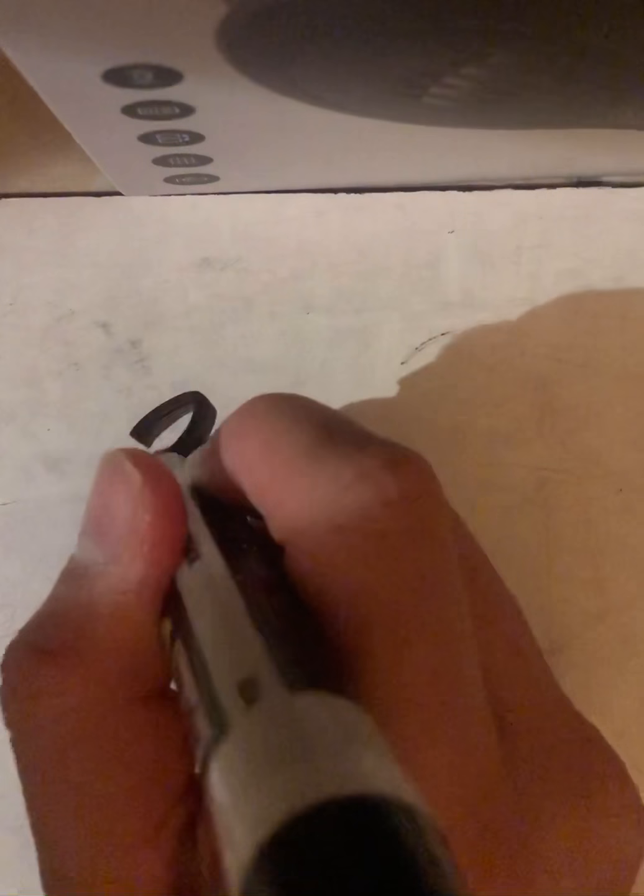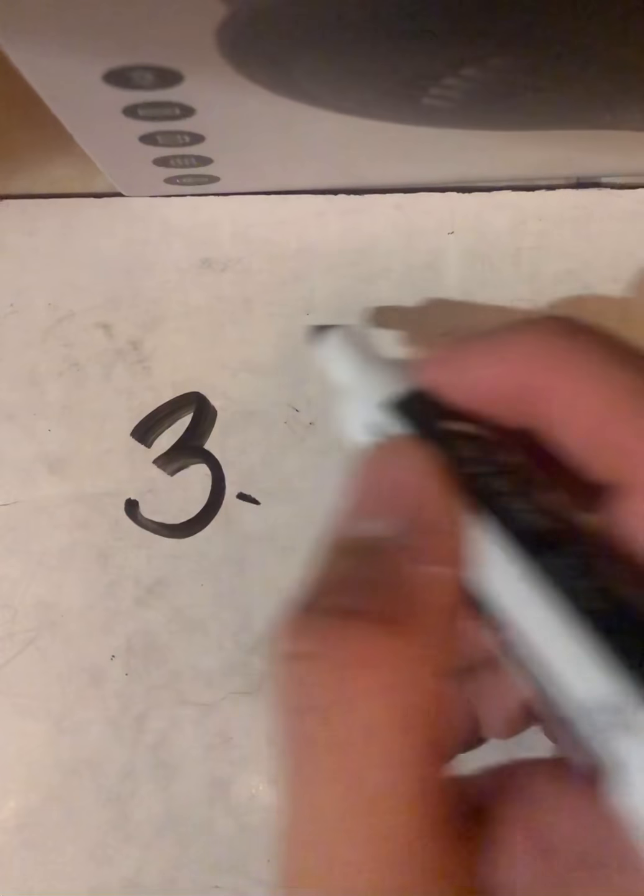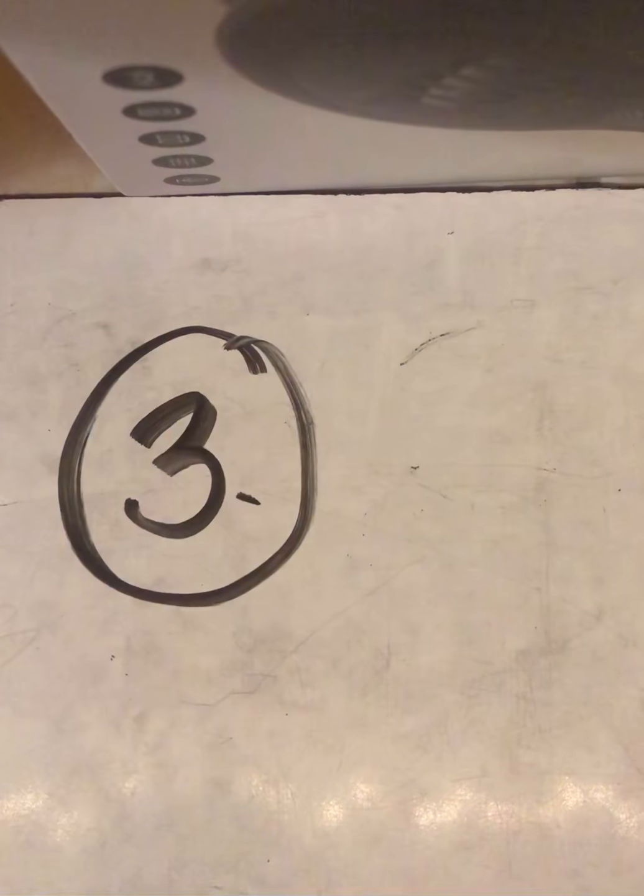Okay, so today we're focusing on multiplying mixed numbers. We're on step 3, and step 3 is very simple. Step 1 was to convert the mixed numbers into improper fractions. Step 2 was to cross simplify.